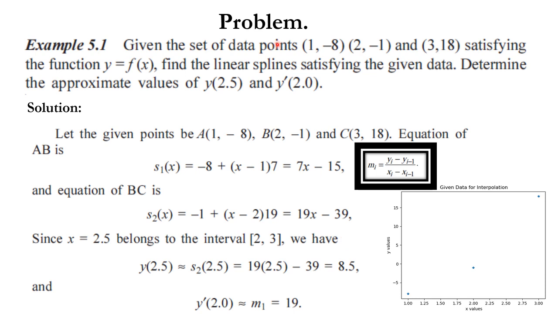So we have to find y of 2.5, means y value at x equal to 2.5. So x equal to 2.5 lies between B and C points, these B and C points. So this is the y of 2.5.